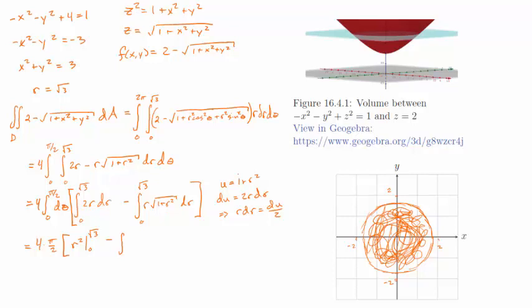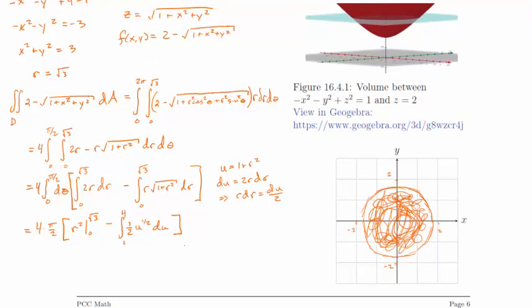If r is 0, I plug that in, I get u as 1. If r is the square root of 3, I plug that in, I square that, I get 3 plus 1 is 4. And then we get a 1/2 du from the r dr, and then we have the square root of u, or u to the 1/2 du.